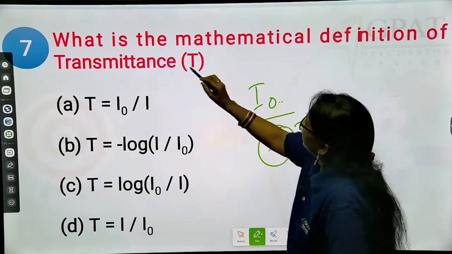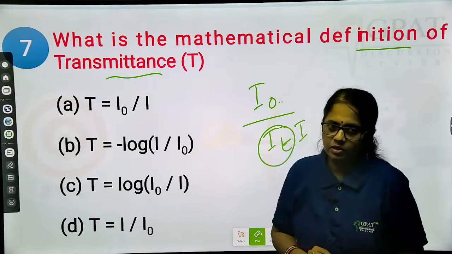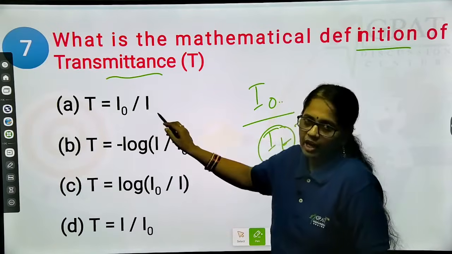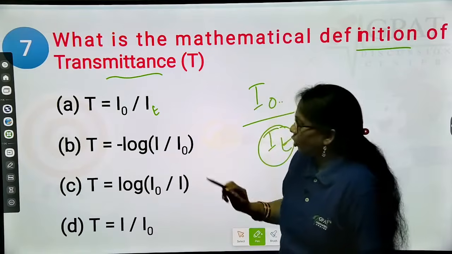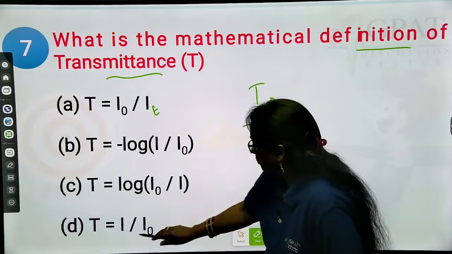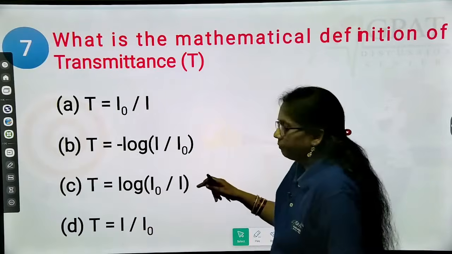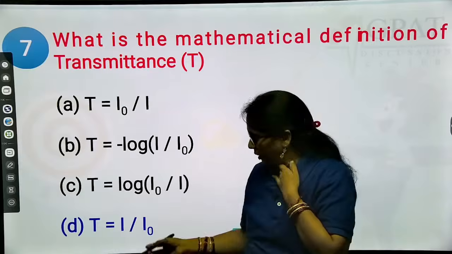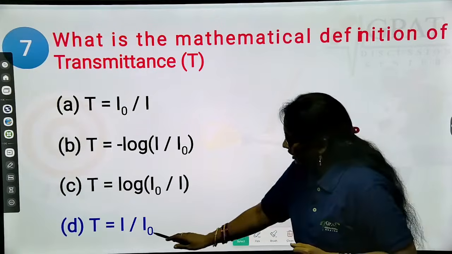Okay. Here they have asked the definition of transmittance. Transmitted light. So options: T equal to I0 by I; T equal to minus log of I by I0; T equal to log of I0 by I; and T equal to I by I0, that means the transmitted light divided by incident light. The simple way, only transmittance if you are talking means the transmitted light divided by incident light.